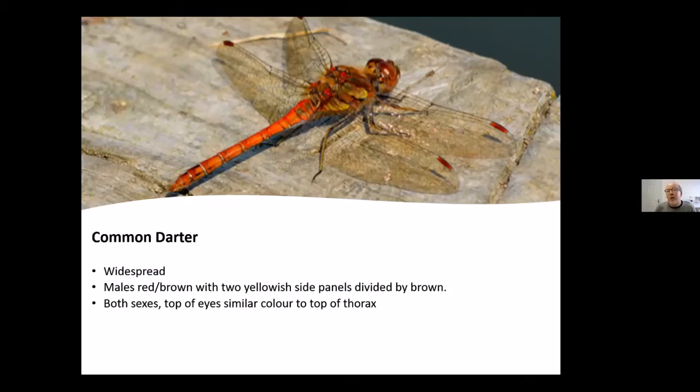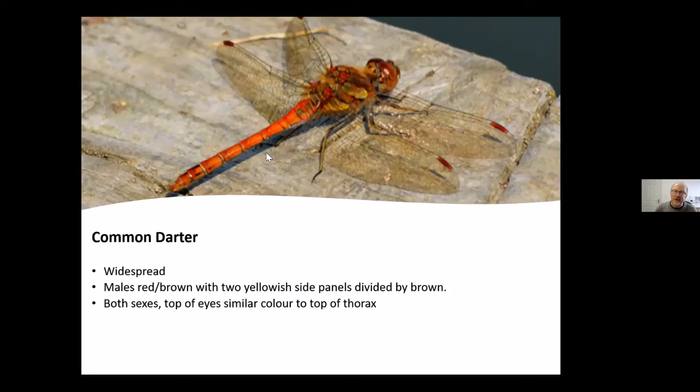So another common one in your region and in mine is the common darter. They are widespread, and the males are reddy brown with two yellowish side panels. So here we see a reddy brown body, and here on the side of the thorax, yellowy side panels.